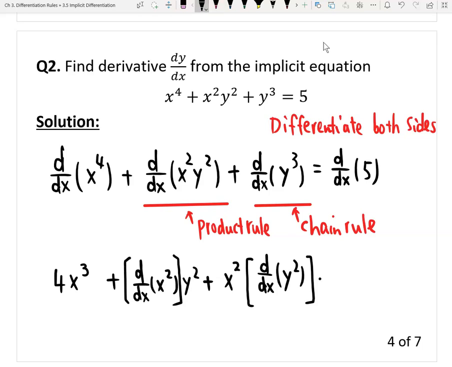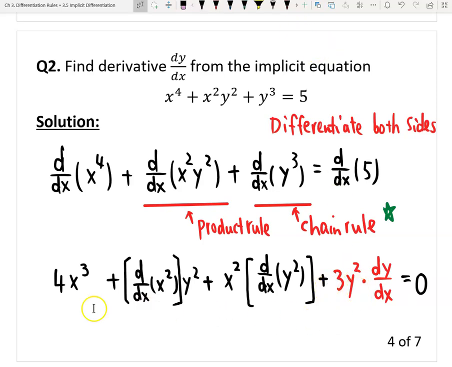The outer is u raised to the third power, where u is y, a power function, which means 3y squared. This is the outer. The inner, of course, is dy/dx. That makes sense. The chain rule, that's the most important. Keep it in mind. Pay attention. Be careful about this. And then it equals 0.